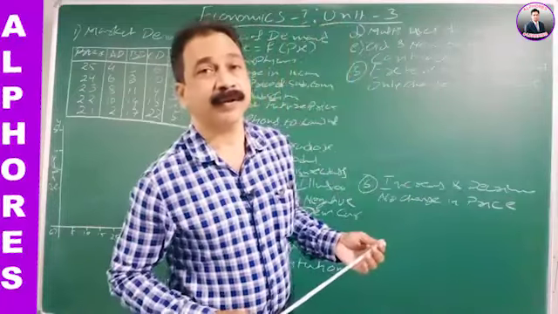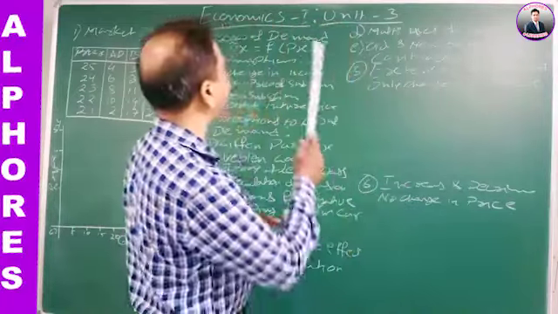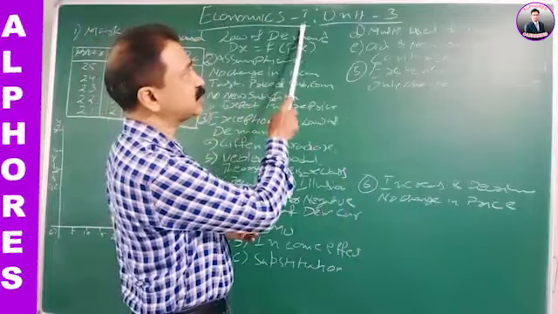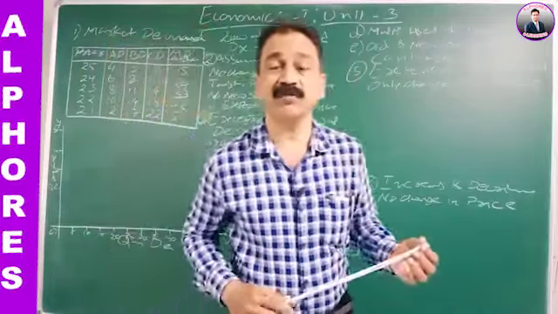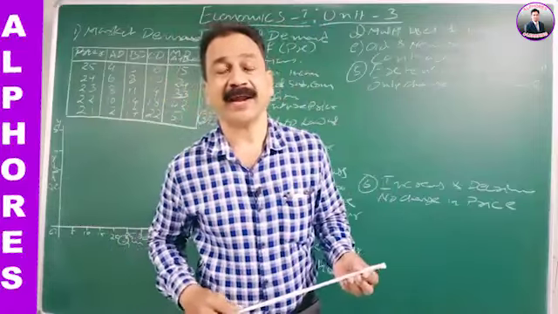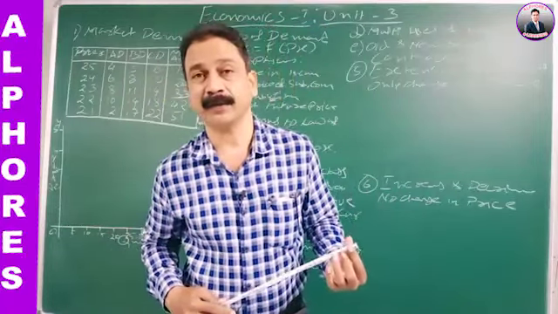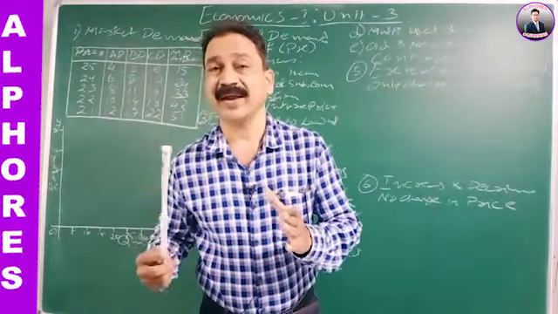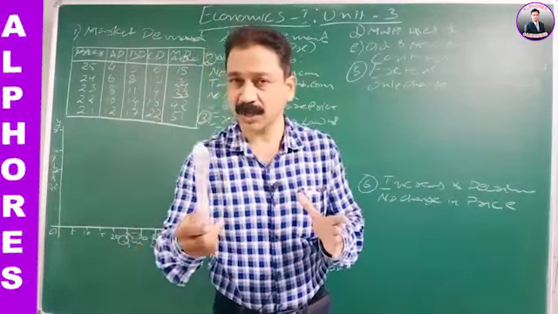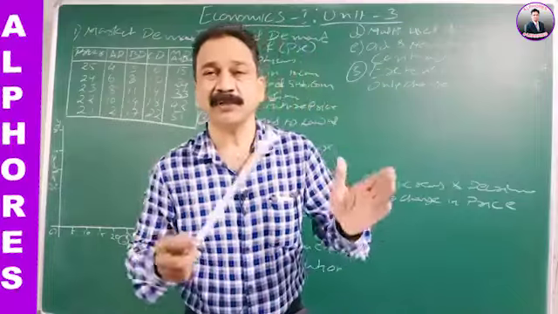Okay, today we are again entering into the economics first year classes, unit 3, and already we covered demand, the meaning of demand. We have seen desire, willingness, and along with that, what was it? Ability to pay. That makes the demand.